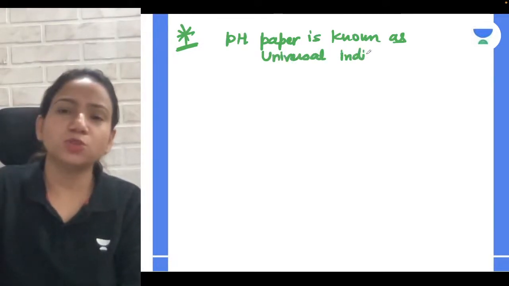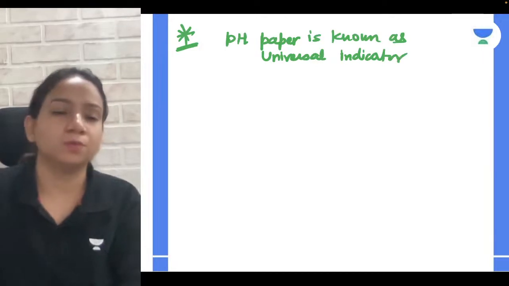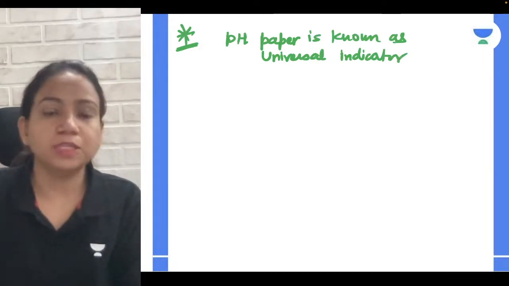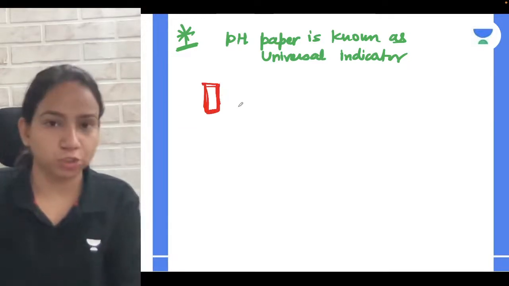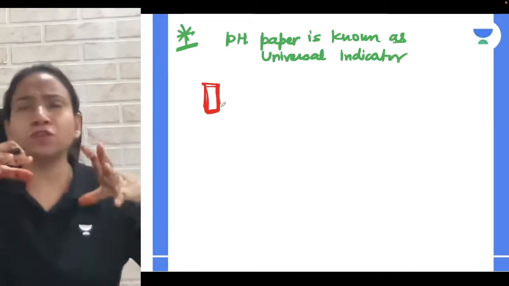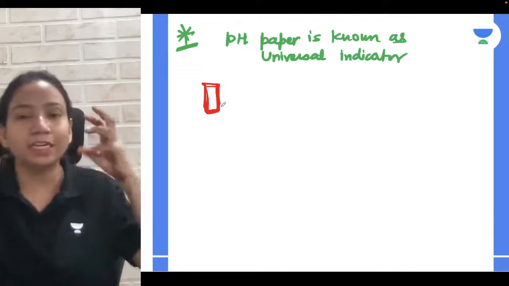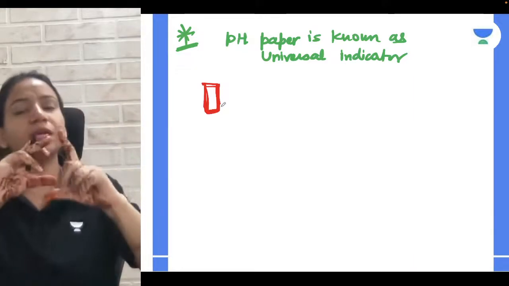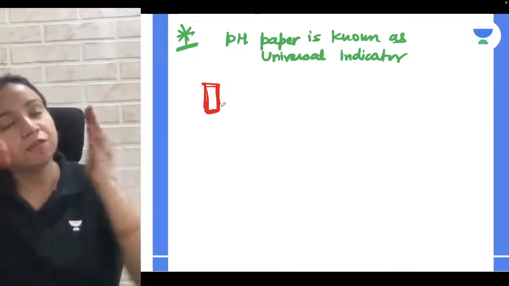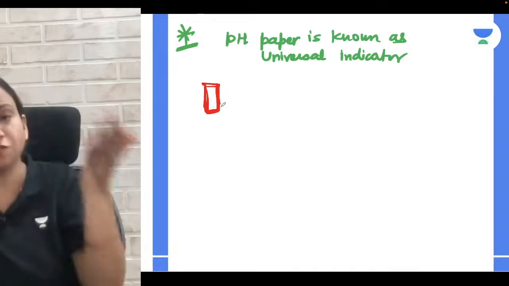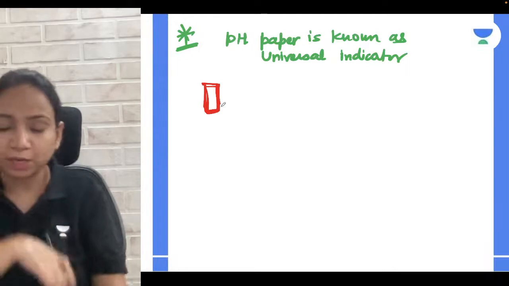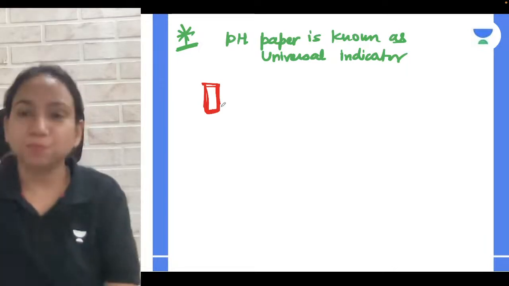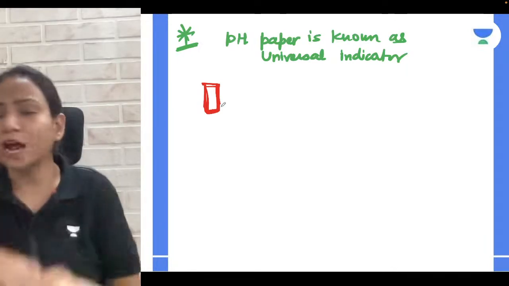Basically you prepare experimental paper strips, made with a solution in which you have added many natural and synthetic indicators. So altogether we make a paper which at different pH gives different colors, and we can find out the pH by an experimental way also. But experimental we can't do in the exam.